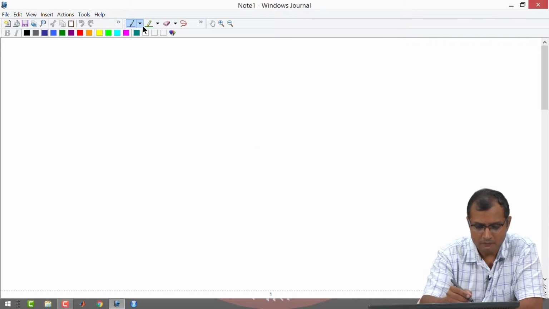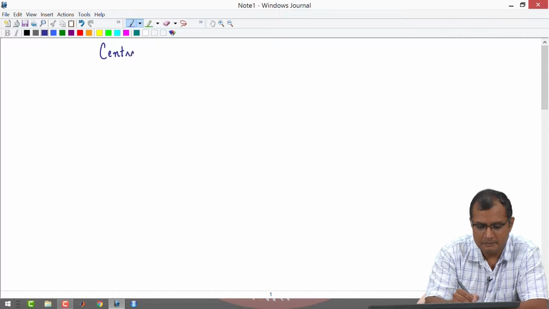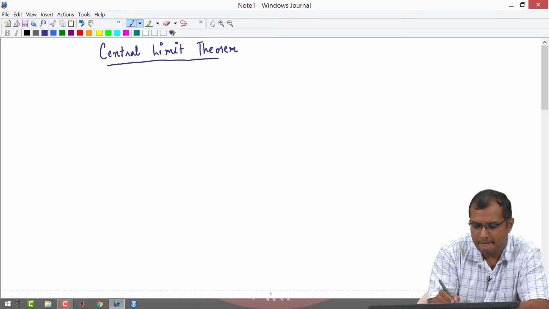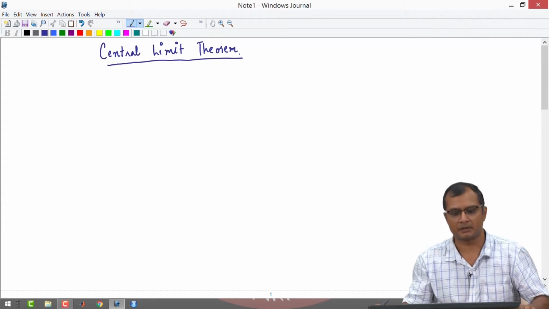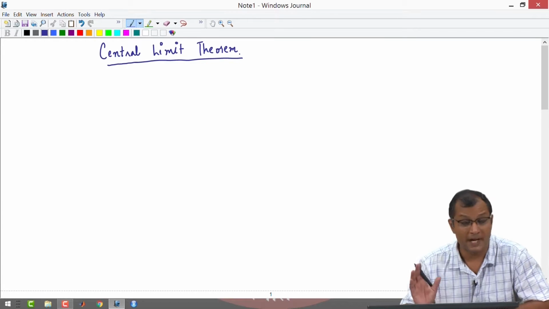So, let us start with the discussion on central limit theorem. This is the agenda of today's lecture, a very important theorem in statistical mechanics. It has applications that are widespread.